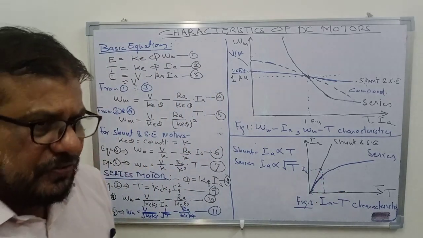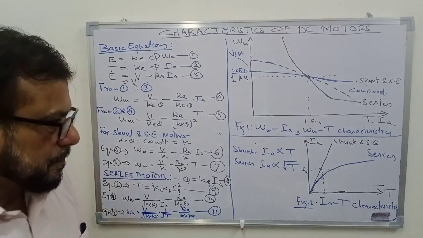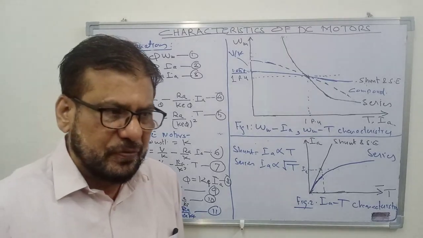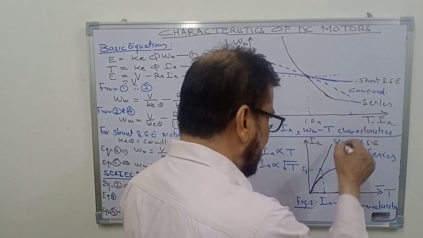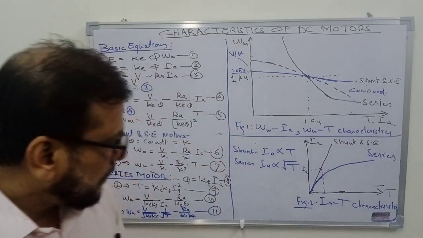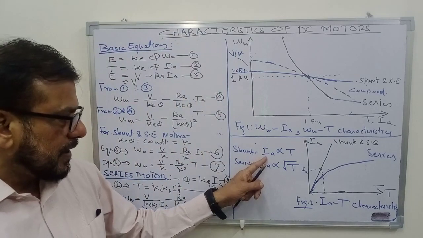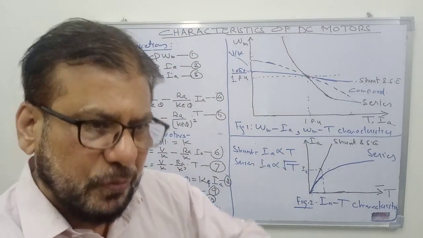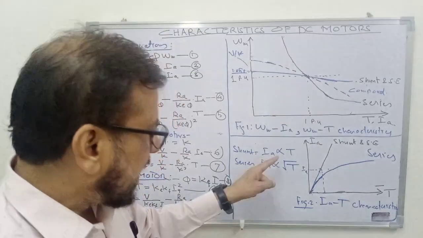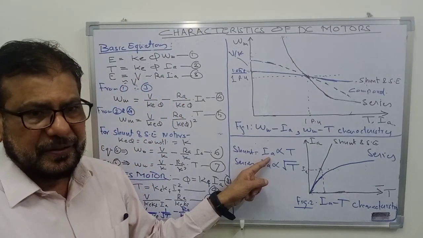If the torque is doubled or torque is made 4 times, then this current will become 4 times in the case of shunt motor, because current is proportional to torque. So if the torque is made 4 times the rated torque, the current will become 4 times the rated current.